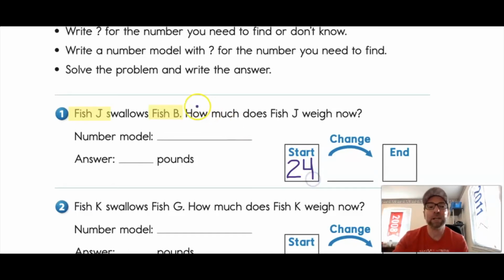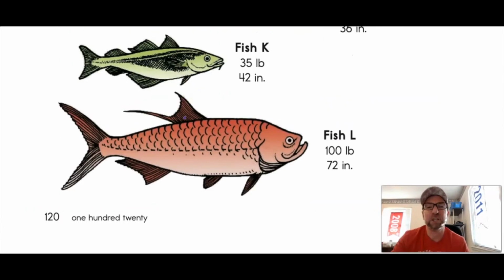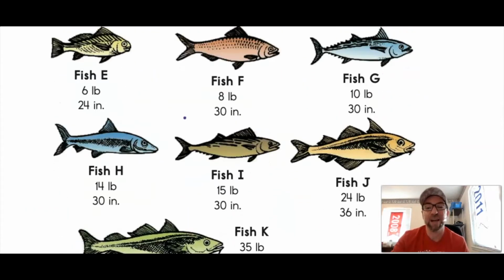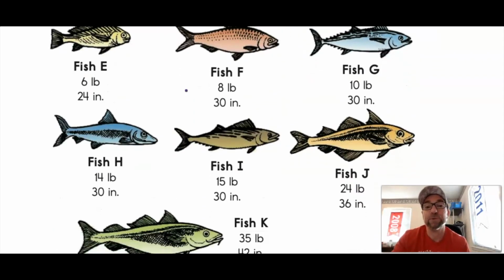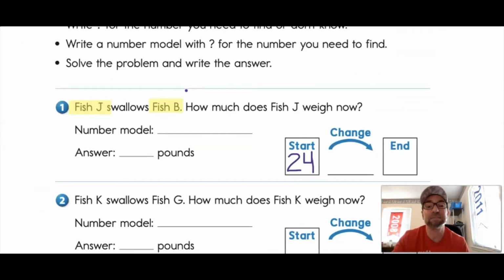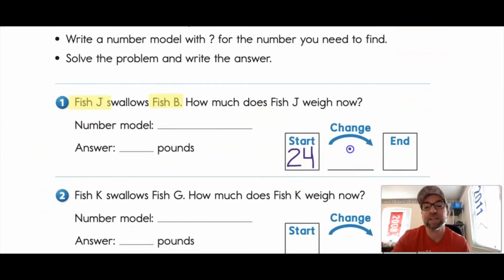Now here comes our change. He swallows fish B. How much does fish B weigh? So now we have to go and look at fish B. Here's fish B. How much does fish B weigh? Did you say 3 pounds? So I'm going to write the 3 in the change diagram.